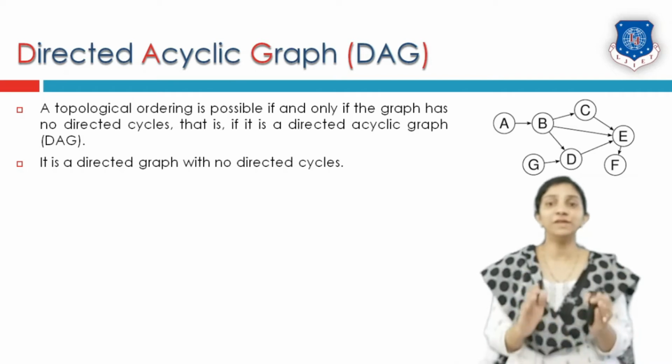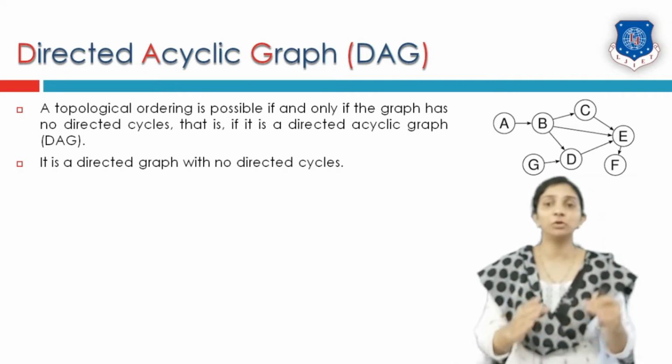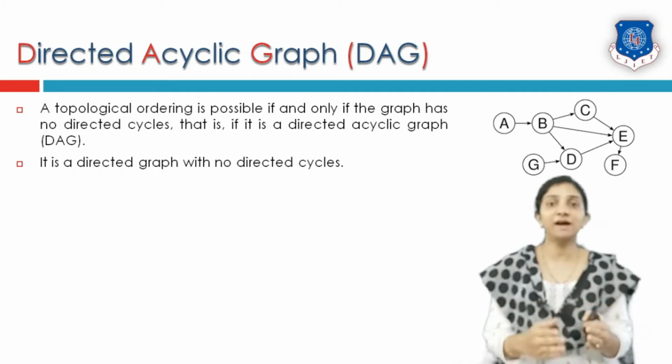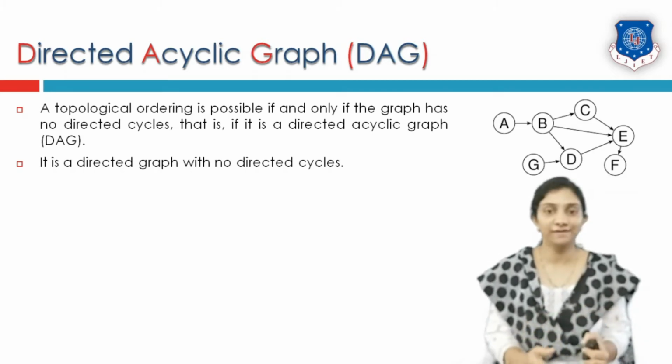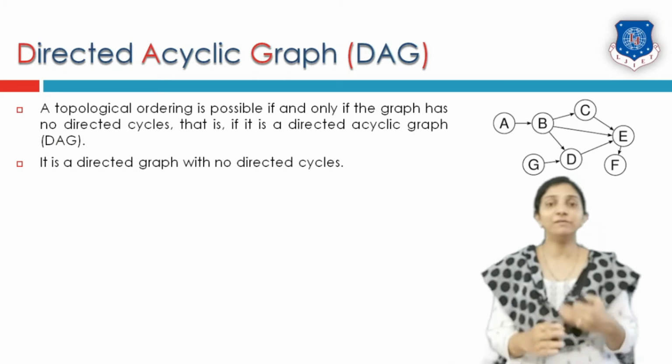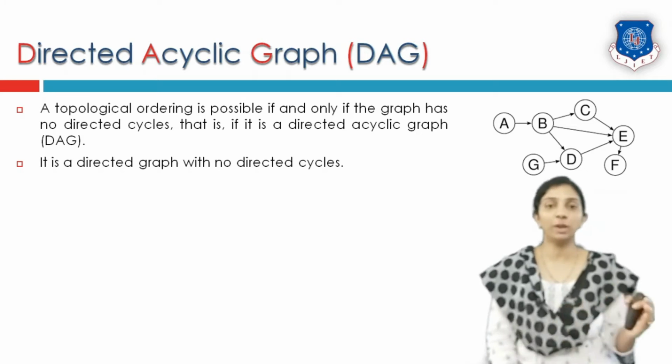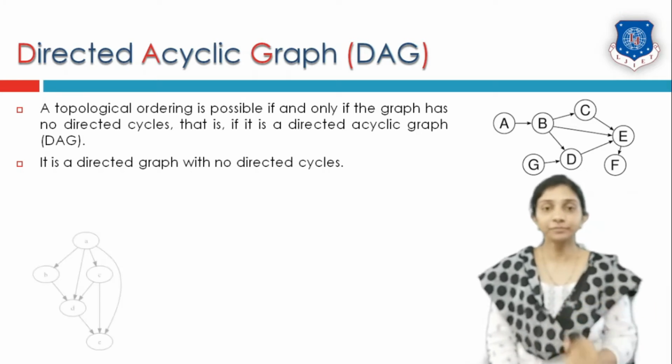So before we solve any graph for topological sorting, first check whether that graph is a DAG or not. If it is not a DAG, we will not be able to create a topological sort for the given graph.